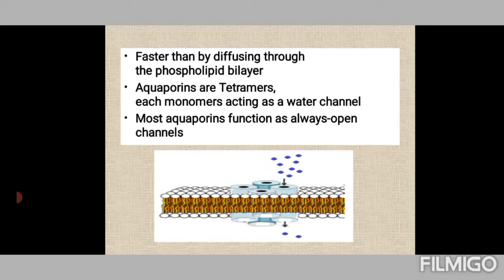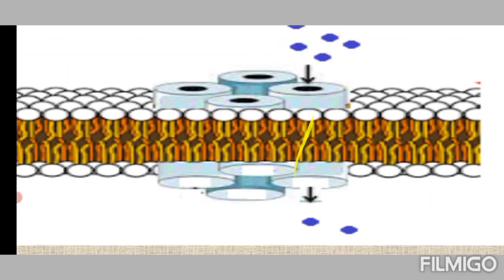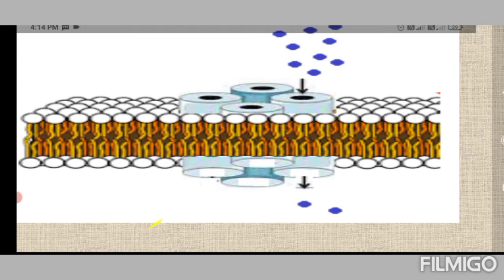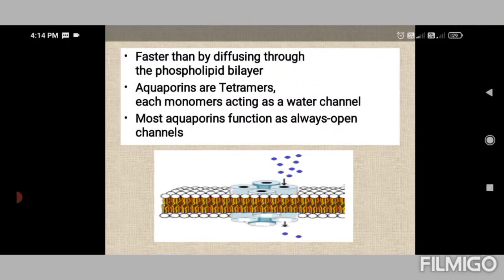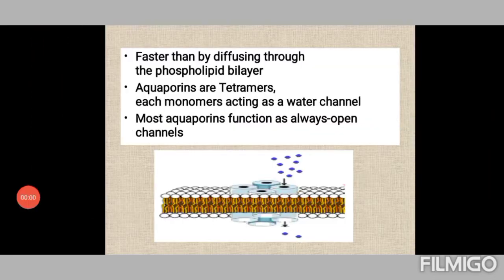And each of these aquaporin monomers is composed of a bundle of 6 integral transmembrane α-helices. So this is how it forms 4 separate monomers which form a tetramer, and each of them carries water molecules inside. The amino and carboxyl ends face the inside of the cell.